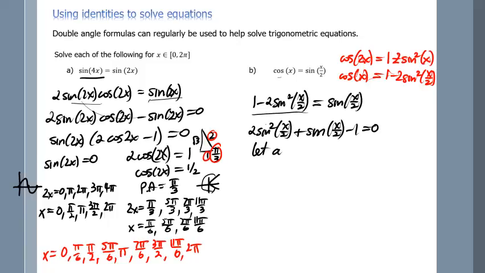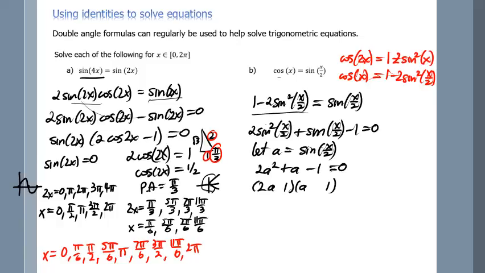I'm going to let a equal sine of x on 2 to make it easy to factorise. So we get 2a squared plus a minus 1 is equal to 0. 2a, I'm going to have a 1, and then a and a 1.